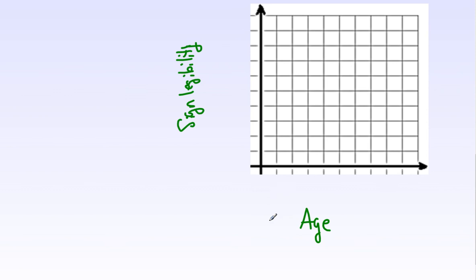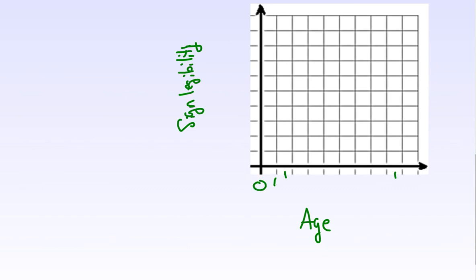So let's see. 0, 10, 20, 30, 40, 50, 60, 70, 80, 90, 100. That would put 16 here and 85 here. That's a pretty good scale. So I'm going to do that.